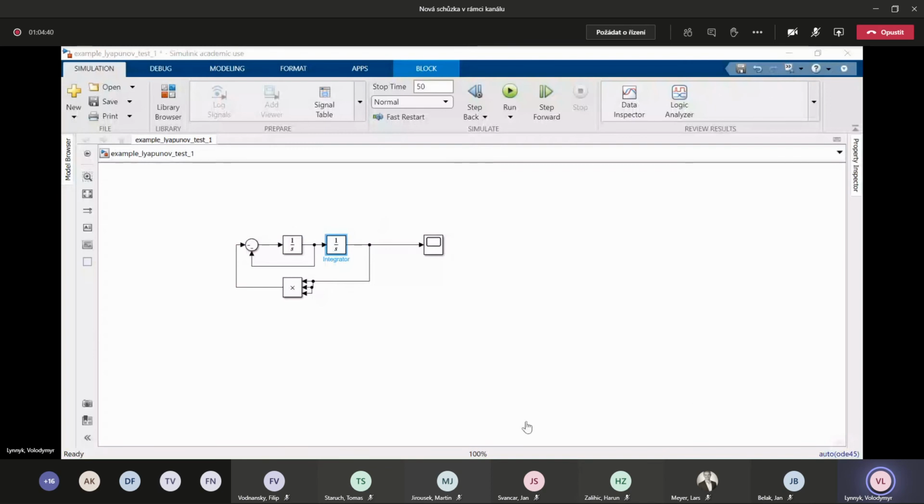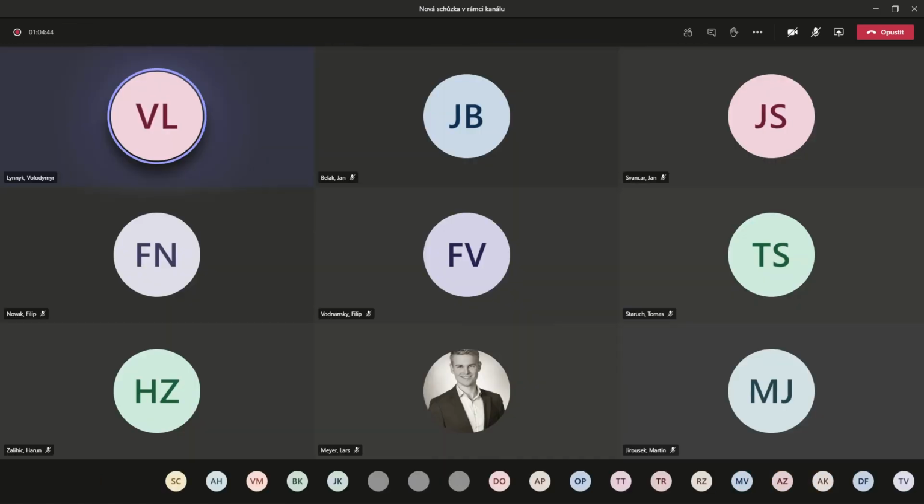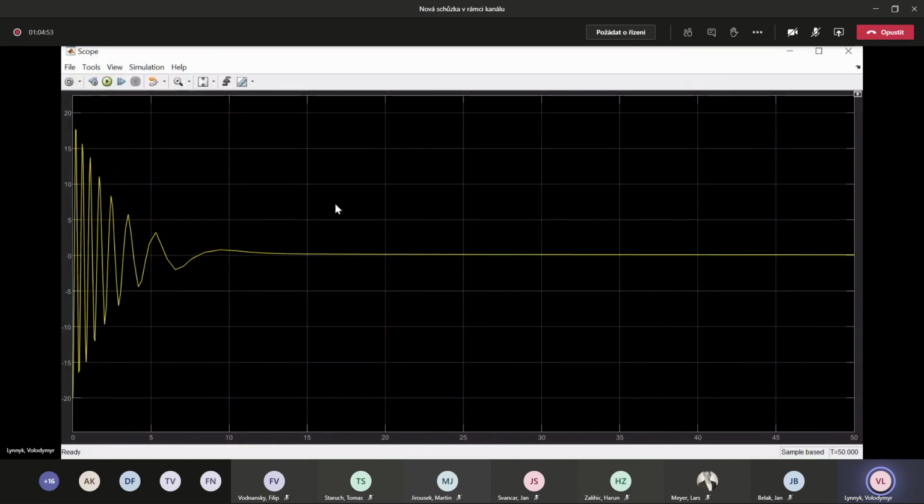I hope I show you this scope. Do you see the scope? Yes.